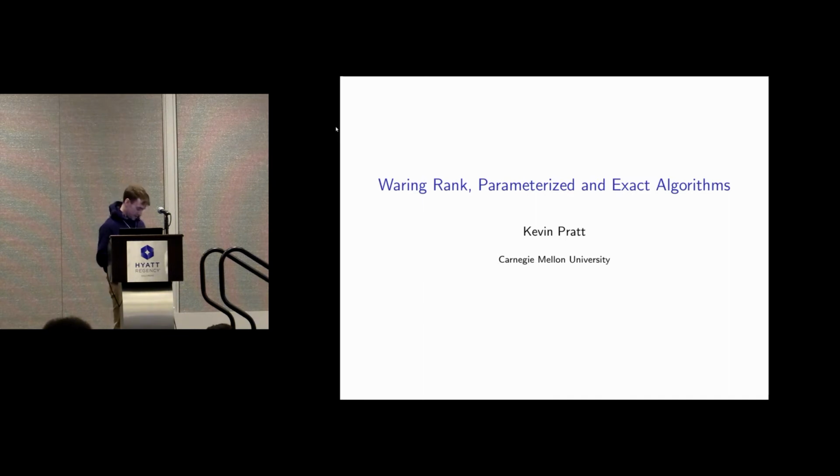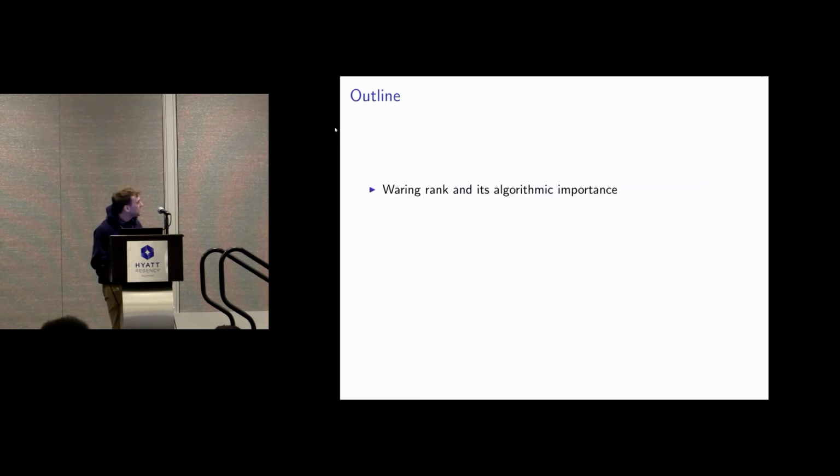Okay, thanks. So I'll be talking about some new applications of Waring rank, or symmetric tensor rank, to designing faster exponential time algorithms for some hard problems. I'll start by introducing Waring rank, and I'll describe some sorts of problems that it can be used to characterize the complexity of.